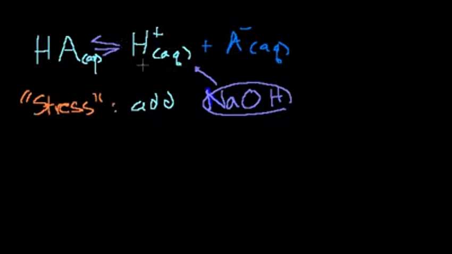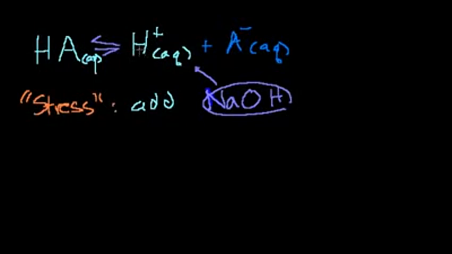So for example, if you had 1 mole of hydrogen ions in your solution, and you added 1 mole of sodium hydroxide, right when you do that, all of this is going to react with all of that, and the OHs are going to react with the H's and form water. They didn't disappear, they all turned into water. And so all of this hydrogen, or at least the hydrogen that was initially there, that 1 mole of hydrogens, will disappear.